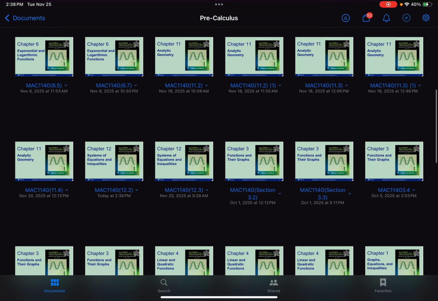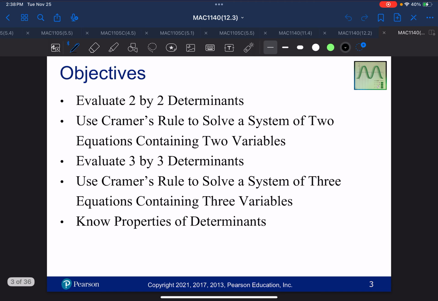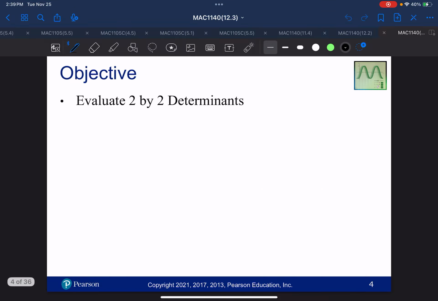So I am going to move on to 12.3. And we're going to talk about how to find the determinants of matrices. We're going to start with the most basic example of finding the determinant of a 2x2 matrix.